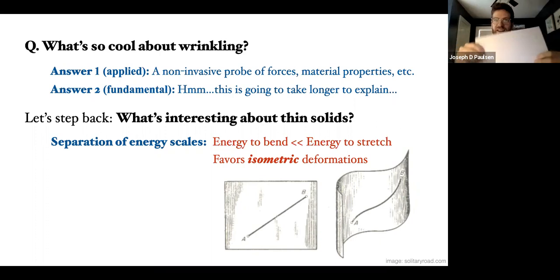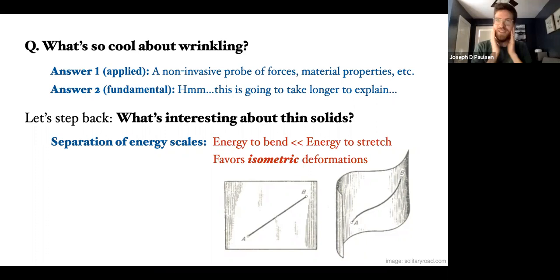That is, if I take this sheet of paper and I put it under some kind of different boundary conditions with my hands, the sheet chooses deformations such that distances along the sheet are preserved. And the reason for that is that these isometries avoid the expensive stretching energies, and they pay only the cheap bending energies for this to happen.